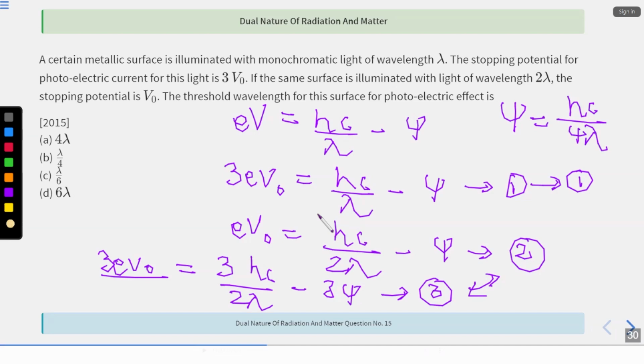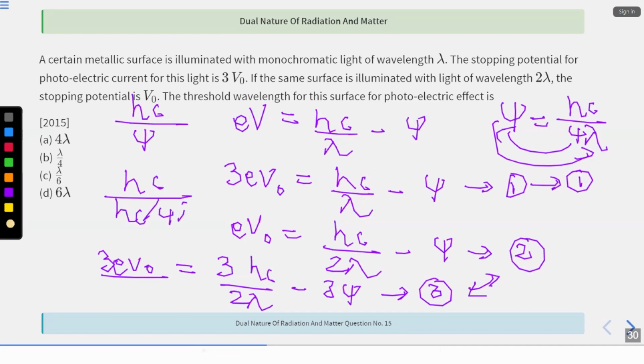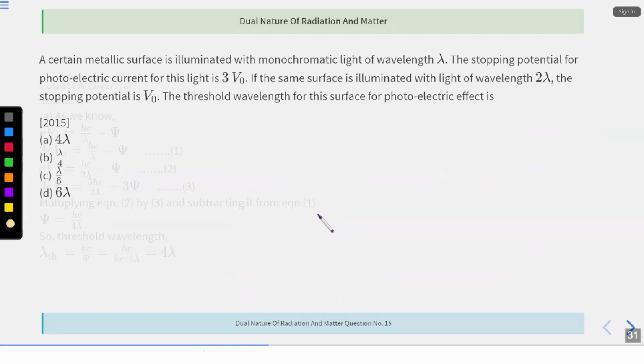So with this, I can tell that my lambda threshold is nothing but I bring it here and then this goes down here. So I can write it to be hc by phi. And we know that phi is equal to hc by 4 lambda again. Again, I'll write this to be hc by 4 lambda. And cancelling this, you get it to be 4 lambda. And that is your option A.